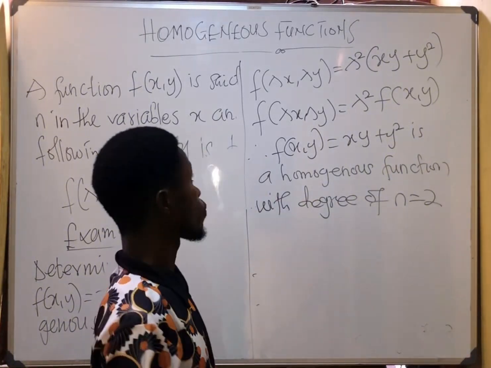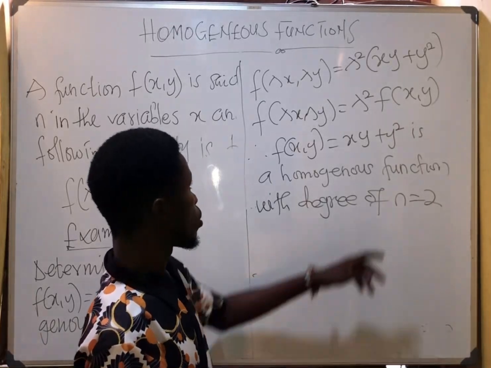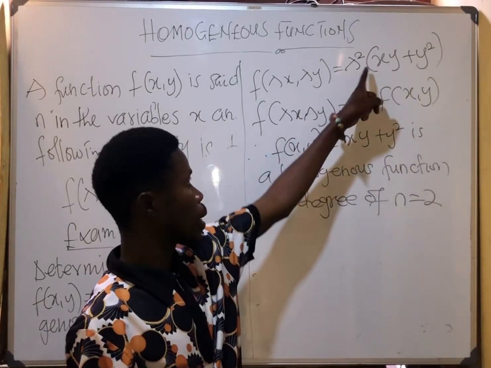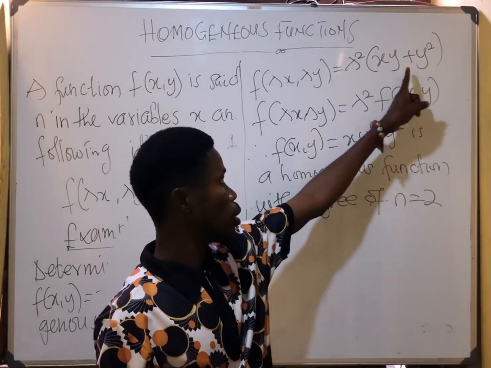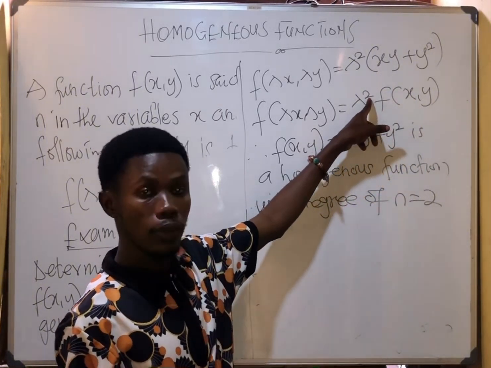So this is a homogeneous function with degree n equals 2. Once you're able to factorize the lambda out and get the original function, then you replace that by f, and whatever power of lambda we have here becomes the degree.